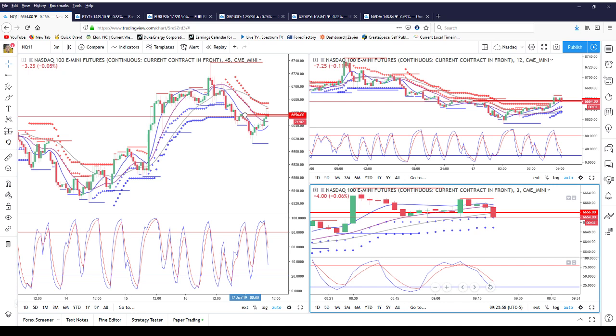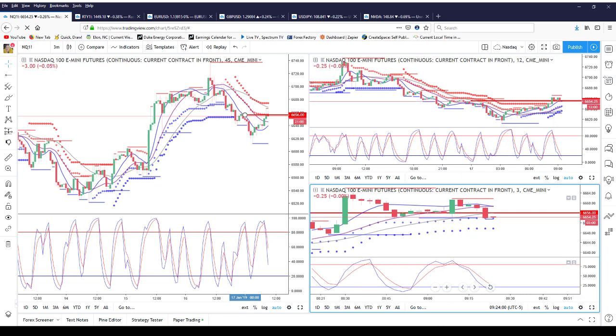We're going to have the market opening in about 7 minutes. And again, I don't like to be in at the market opening at all. It can actually screw up a really good trade.